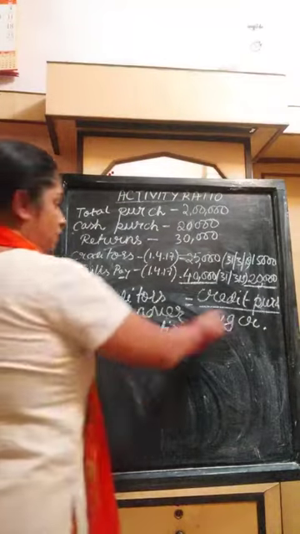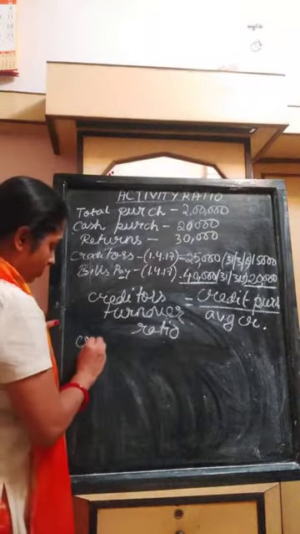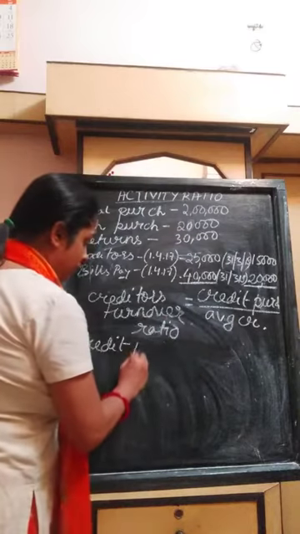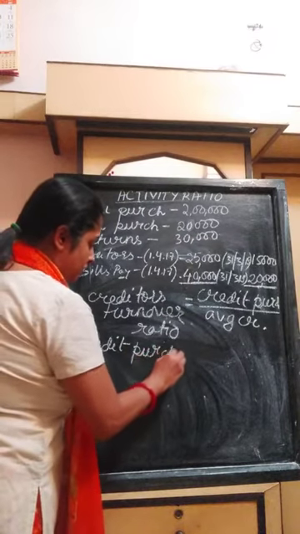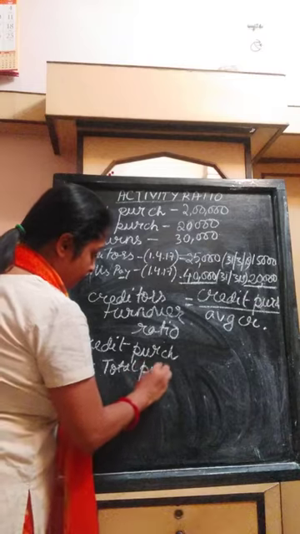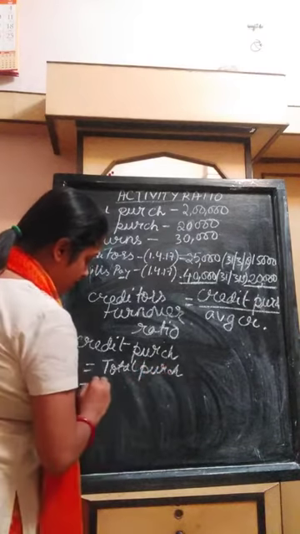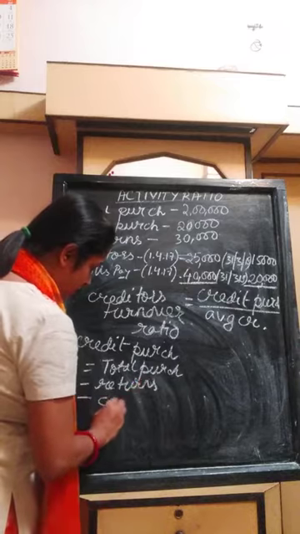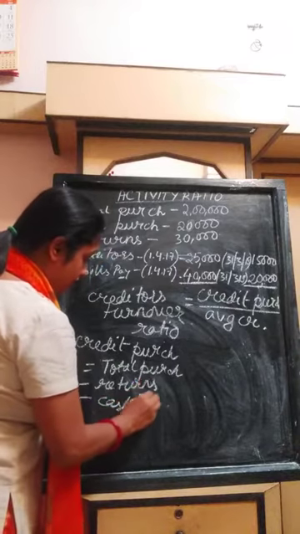Now, credit purchase, as I have told you earlier, you can show the calculation of credit purchase separately. Credit purchase means total purchase minus returns minus cash purchase.